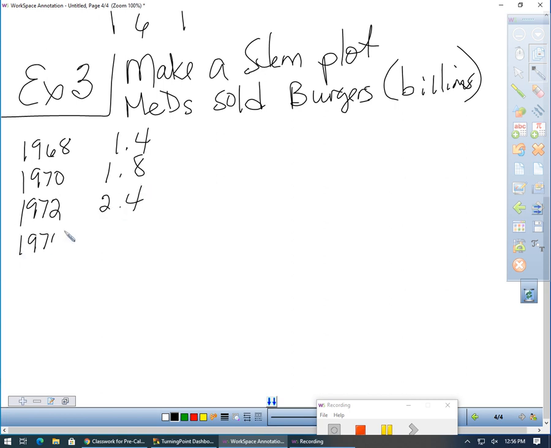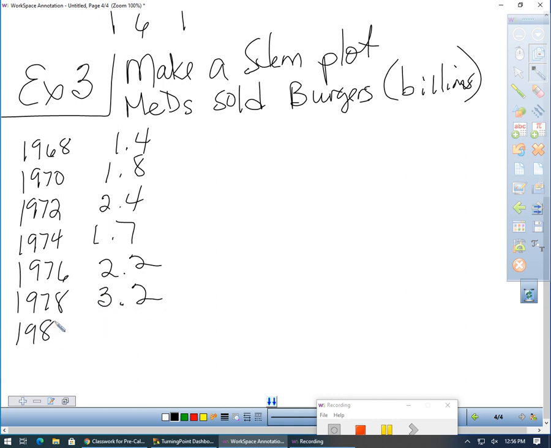In 1974, let's go with 1.7. 1976, we have 2.2. 1978, let's go up to 3.2. 1980, say we have 4.1. 1982, burgers must have been expensive because we only have 2.8. 1984, let's say they only sold 4.3 billion.